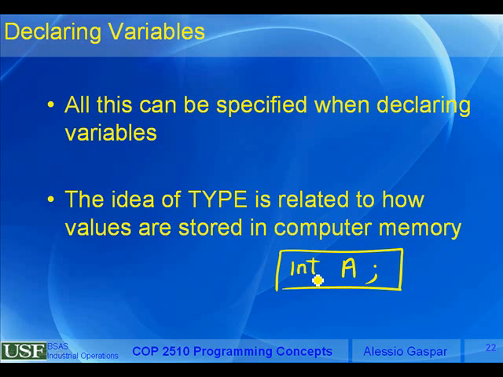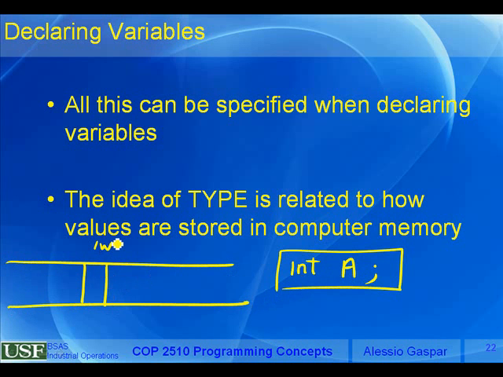The language doesn't need to ask you for an address or a size. Because you said a is of type int, immediately Java knows that in memory it will need one word to store the value of this variable. This word of memory might be located at address 199. Well, that's fine.